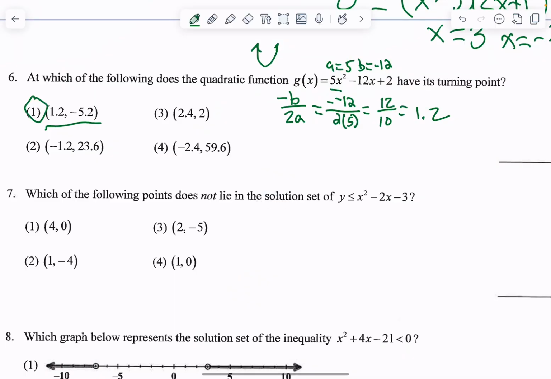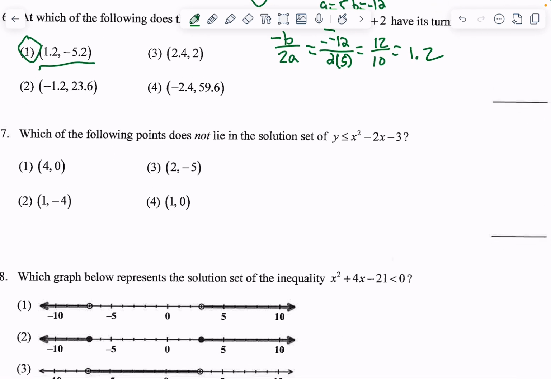All right, which of the following do not lie in the solution set? Well, we can check all of these. We can factor, make this equal to 0, x minus and x plus. All right, we get 3 and 1, and that adds up to negative 2.